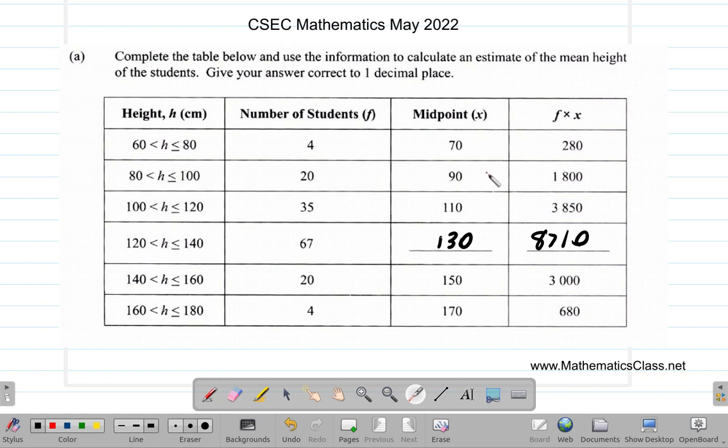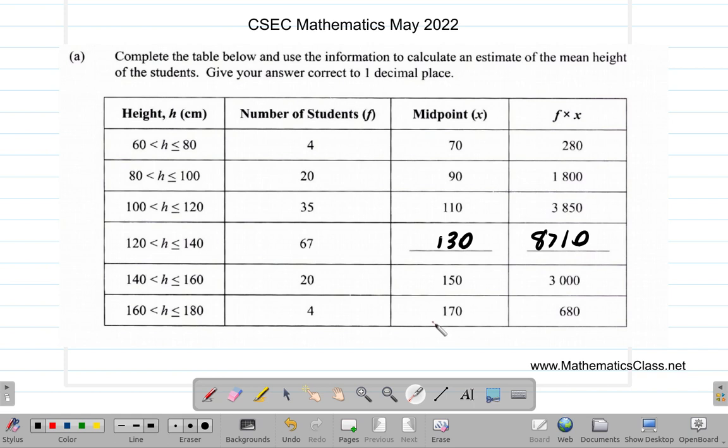You cannot use them because they are a range from one number to another, and you don't know exactly what the value is. The midpoint represents the range. The midpoint 70 is used to represent the range from 60 to 80. So these are the numbers you're going to use.